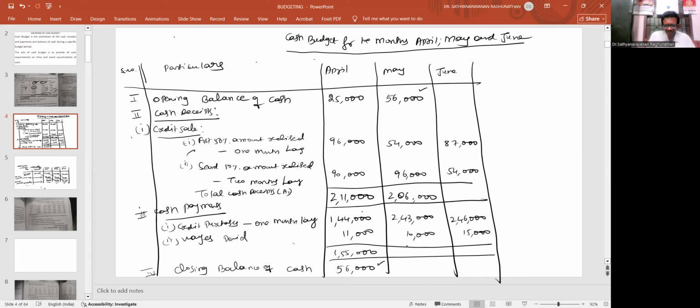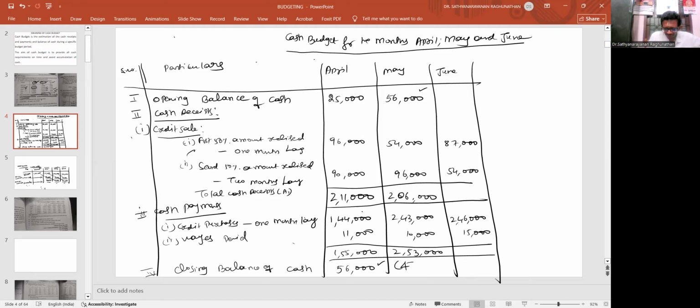Now, 2,43,000 plus 10,000, that is 2,53,000. You see here, cash receipts is 2,06,000 only, whereas cash payment is 2,53,000. How much is the difference? 47,000.